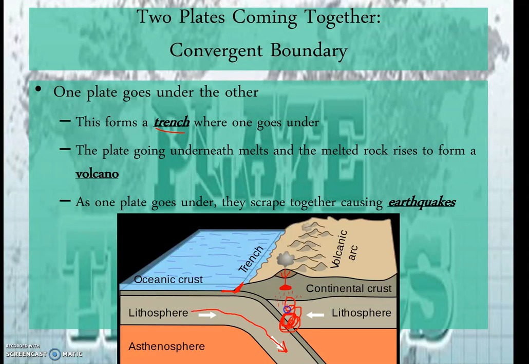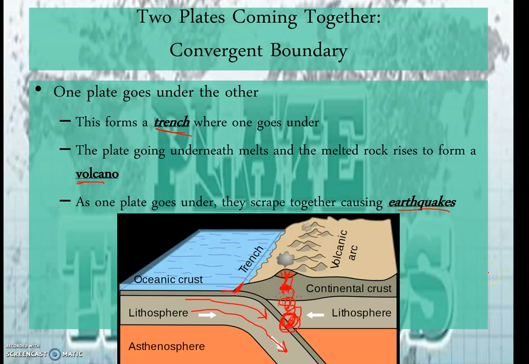That melted magma rises, and as you can see right here, it forms volcanoes. So that's the second thing that can happen. Next, this plate is scraping underneath this plate as it goes under, and that can cause earthquakes. So the three things that can happen as two plates come together most frequently are a trench, volcanoes, and earthquakes.